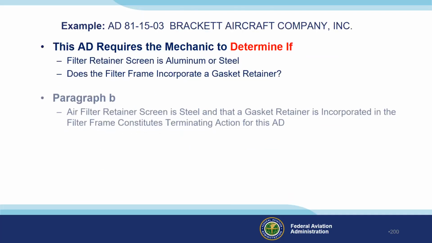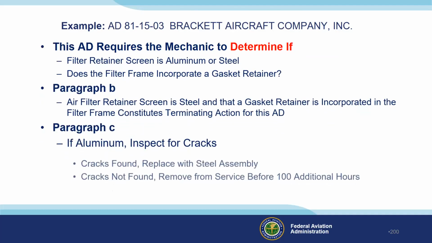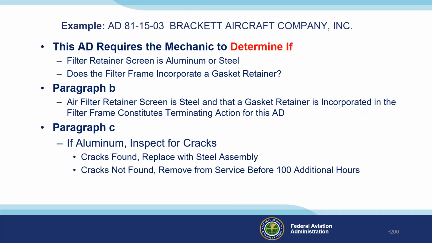Here's an example where there are multiple items required. I tried to find an example of one. This was the best thing I could find. This AD requires the mechanic to determine if the filter retainer screen is aluminum or steel, determine if the filter frame incorporates a gasket retainer, and then depending on what you find, paragraph B or C is what you do.